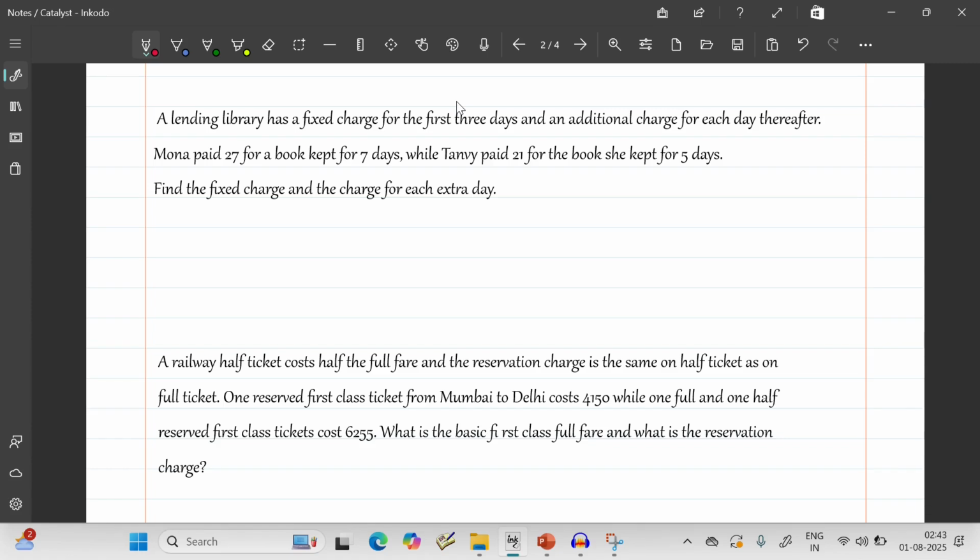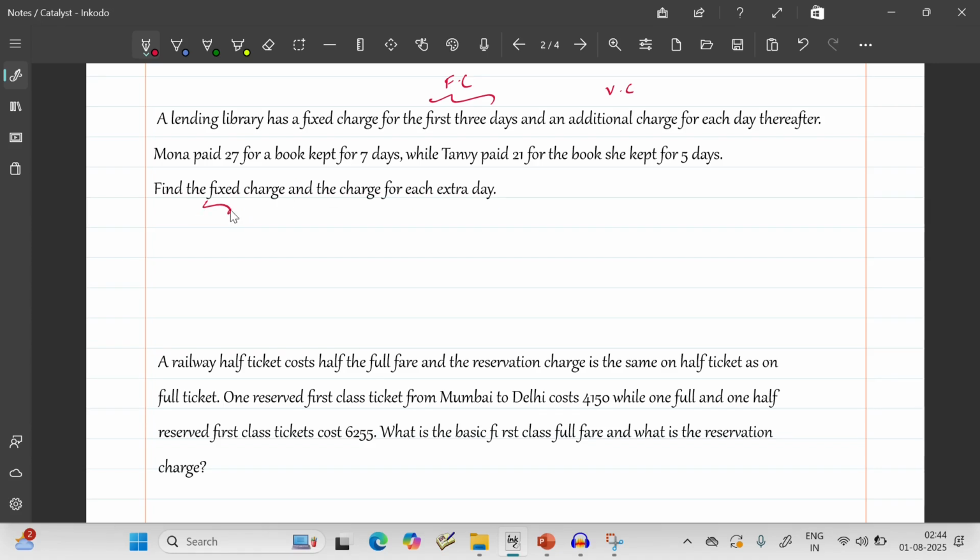But now here what they have told is that the fixed charge is for the first 3 days. That is, the cost for the first 3 days is your fixed charge. And after the 3rd day, 4th day onwards, we will be charging an additional charge, which is the variable charge for every day. Okay, so now you have to find the fixed charge and the charge for each extra day.